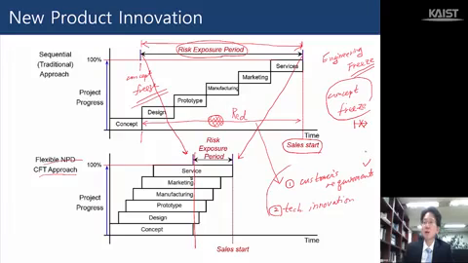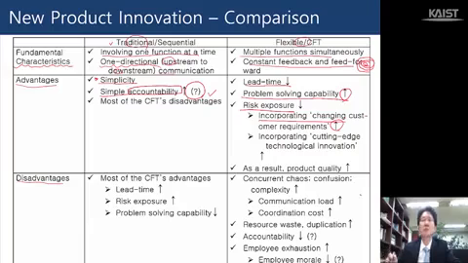And if the company uses the traditional approach, it's not easy to incorporate this technological innovation that happens during this risk exposure period into the new product development. In that sense, the flexible approach has a huge advantage, right?